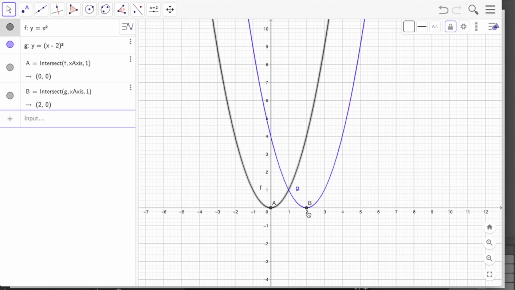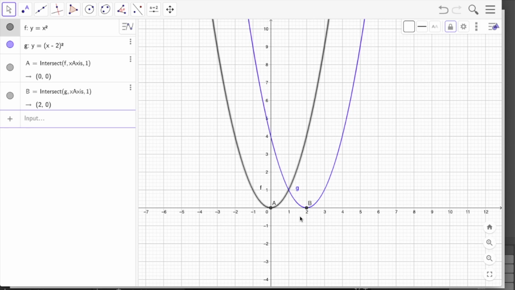All right. And so these two graphs have the same domain as well as the same range. So the range of the first graph and the second graph is given by y is greater than or equal to 0.